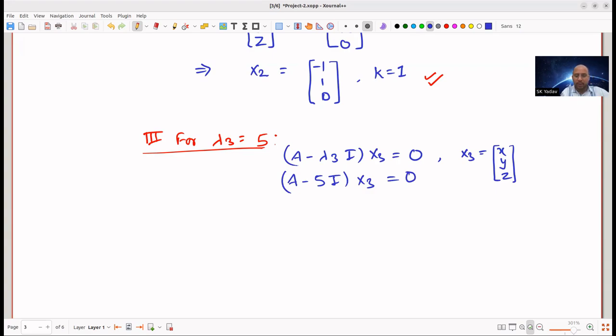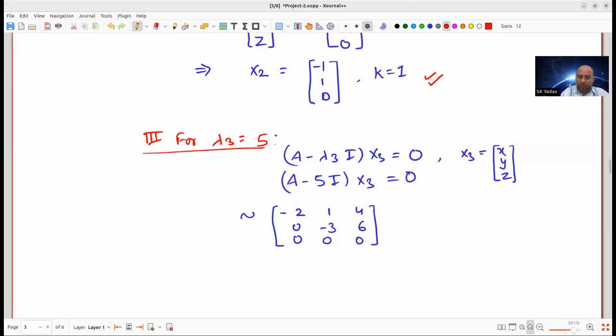It is very simple to write down the matrix. It changed now. So here I have minus 2, 1, 4, 0, and then minus 3 here, and 6. And then the third row is 0, 0, and 5 minus 5 is 0.